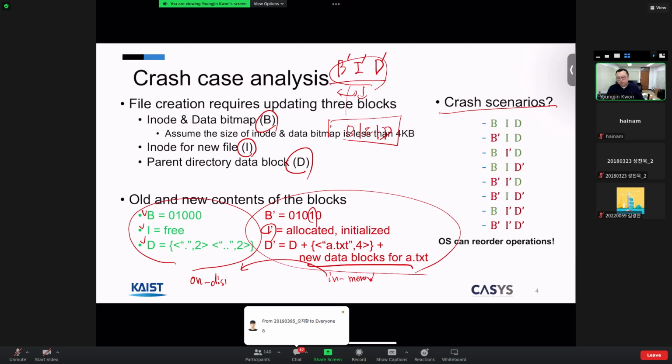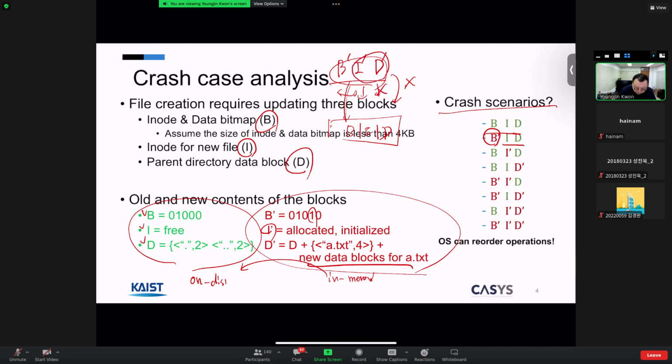These are possible cases. First case, nothing is applied. Next, only the bitmap block is updated, but the inode and data remain the same because of the crash. In this case, only the inode is updated. In this case, only the data block is updated. In this case, bitmap and inode are updated. In this case, bitmap, data block, and inode are all updated.